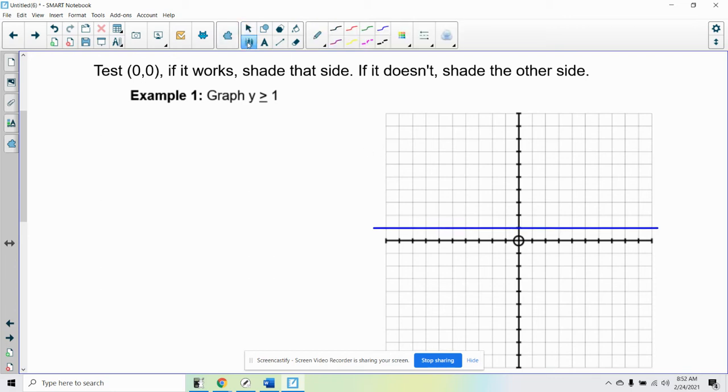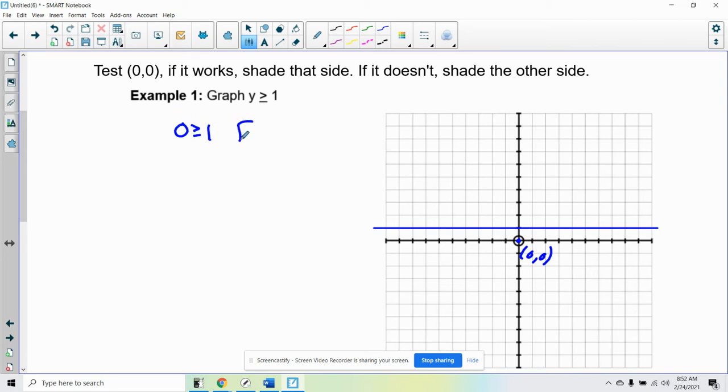So then I say, okay, which side do I shade? Do I shade below it or do I shade above it? So I'm going to test 0, 0. So I'm going to plug in 0 for x and 0 for y. Well, there is nowhere to plug in x, so I'm just going to plug in 0 for y. So I get 0 is greater than or equal to 1. Well, 0 is not greater than or equal to 1.